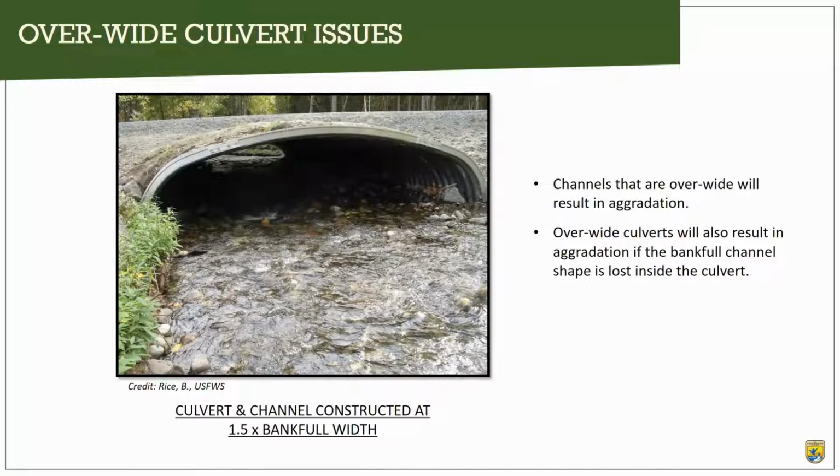They weren't tied into the culvert correctly. So we ended up with this overwide channel. And that contributed to this culvert aggrading. However, whenever we've got a culvert that's too wide or very wide, we have that risk of aggradation issues. And so we're recommending that we keep the culvert width between 1.0 and 1.4 times the bankfull width.